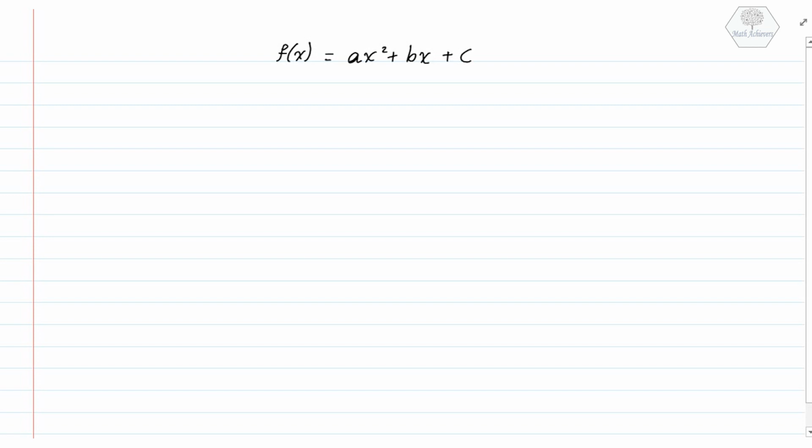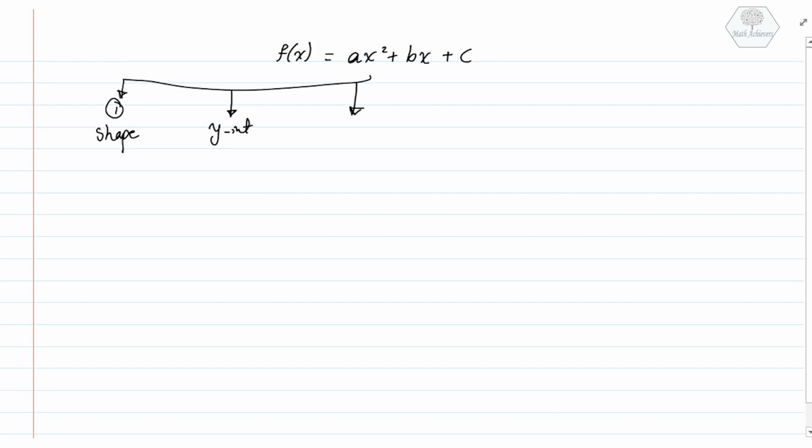What we have to know about this function are these main things. The first thing, we have to know the shape of the function. The second thing, we have to know the y-intercept.